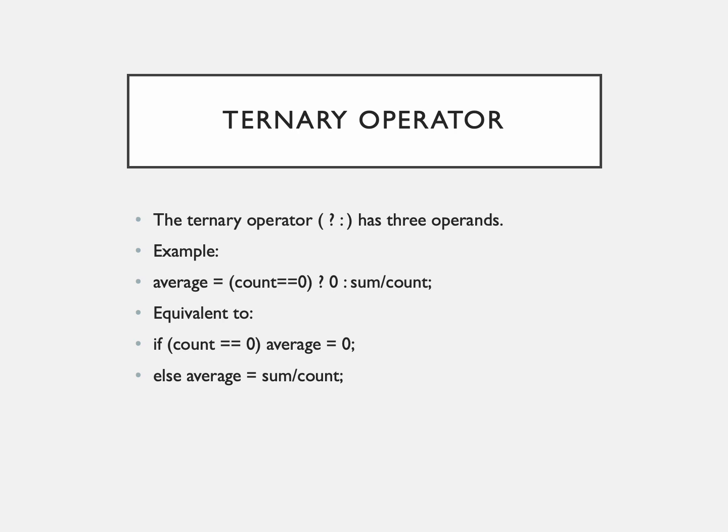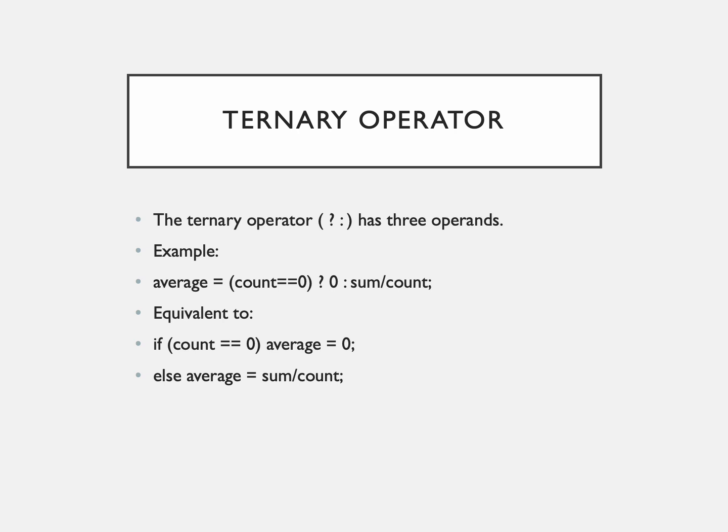So this expression is equivalent to: if count equal to 0, average equal to 0, else average equal to sum by count. Now here if count is 0, the expression evaluates to 0. Otherwise, sum divided by count is assigned to average.